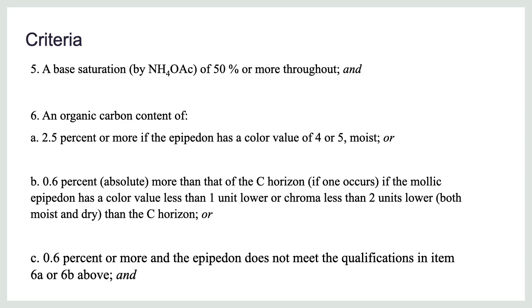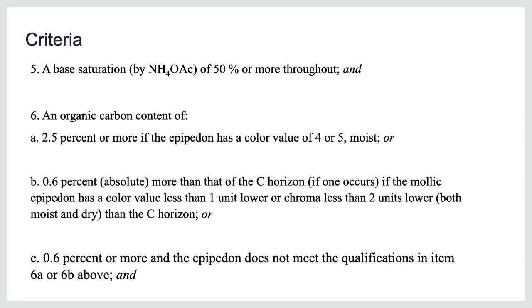If the mollic epipedon has 1 unit of value and 2 units of chroma compared to the C horizon, I need to register at least 0.6%.